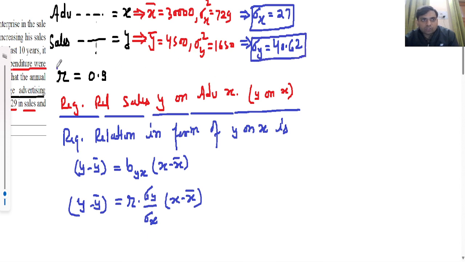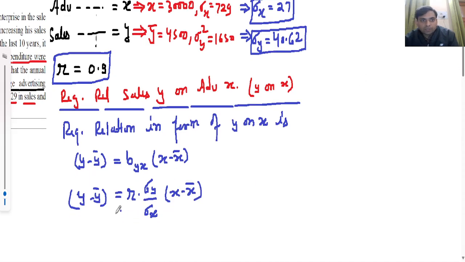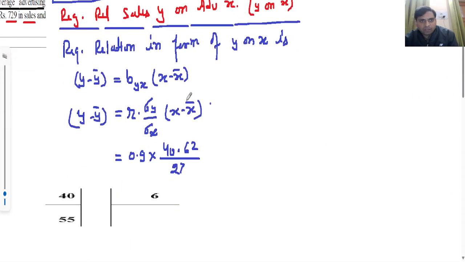And r equals 0.9. With the combination of these, we can find this value easily. So r equals 0.9, sigma y equals 40.62 and sigma x equals 27. Or we can find this value separately also, or put it in the equation directly.